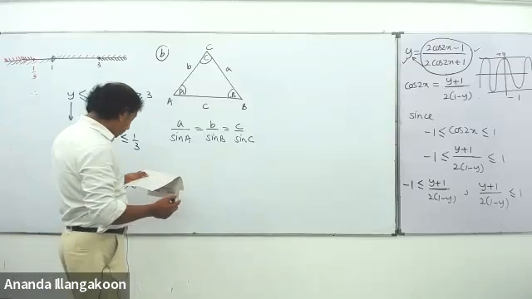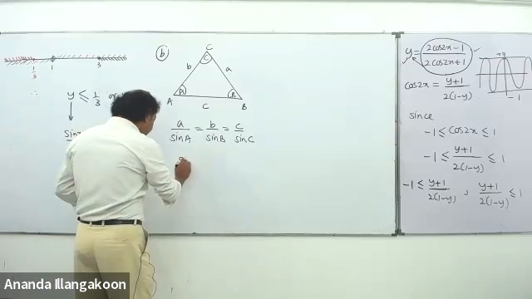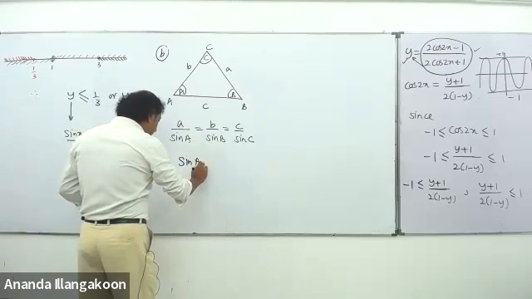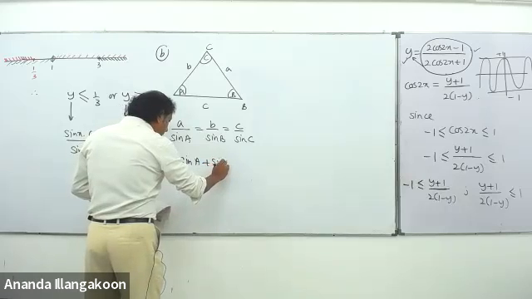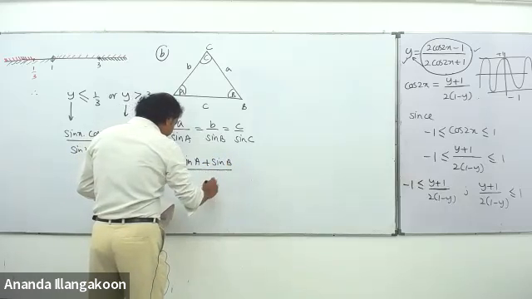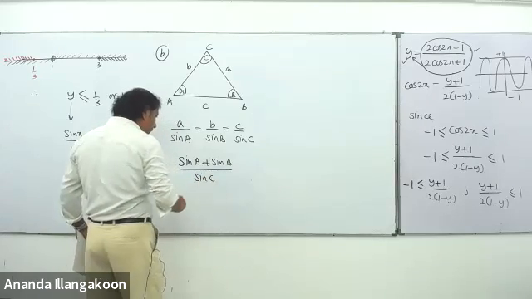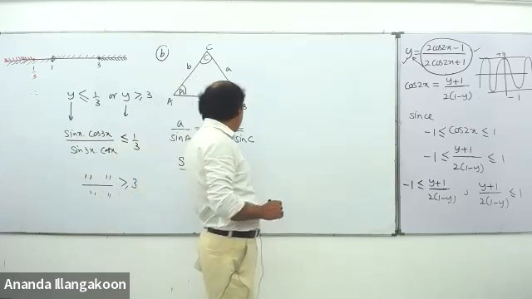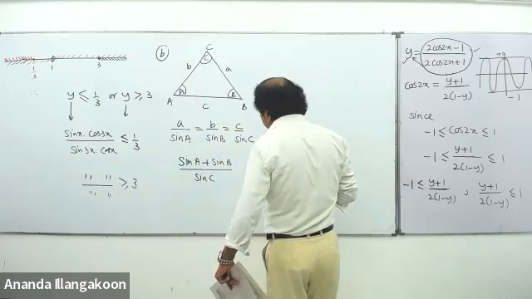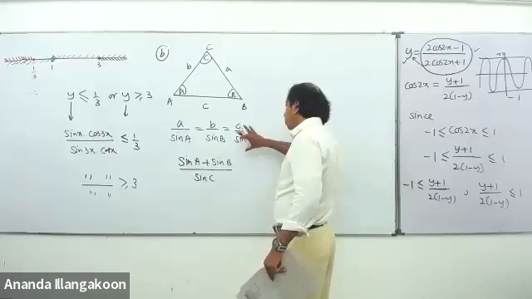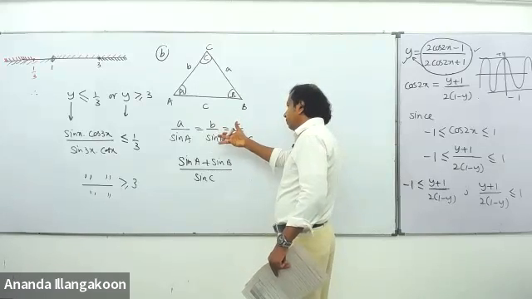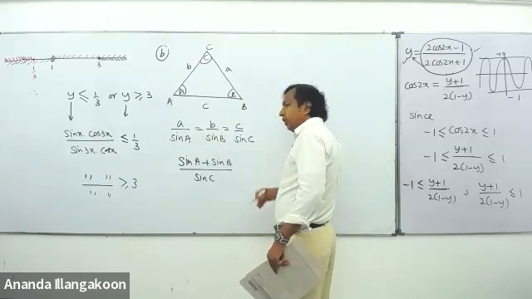Usual notation, sin A plus sin B divided by sin C. Right. For this, now I take the sine rule other way around. Right? This is also correct.